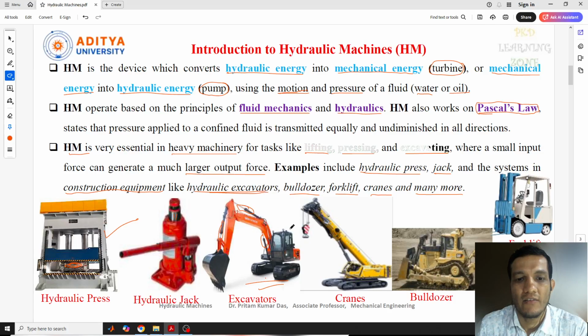So the application of hydraulic machines is available in many areas. Similarly, cranes, bulldozers and forklifts also have applications of hydraulic machines. So this is the basic information regarding hydraulic machines.